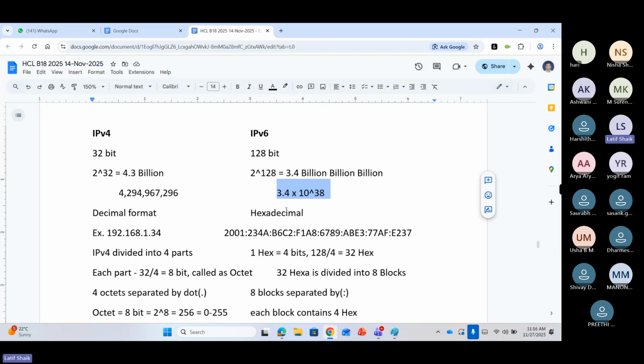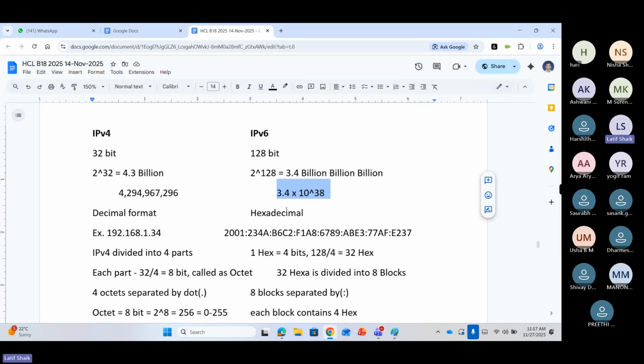Total IPv4 is divided into 4 parts, each part we call an octet, so we have 4 octets separated by dots. In IPv6, we have 32 hexadecimal numbers.